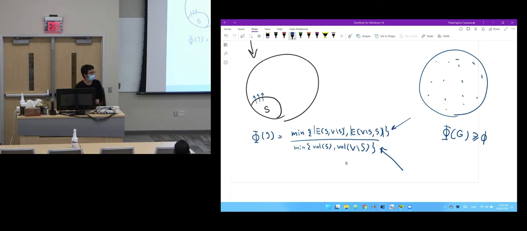So it seems to be the right notion. Because if there are x edges going in one direction in the numerator, then there should be at least x edges going in the other direction as well. That is why mixing happens. Yeah, that's an intuition.